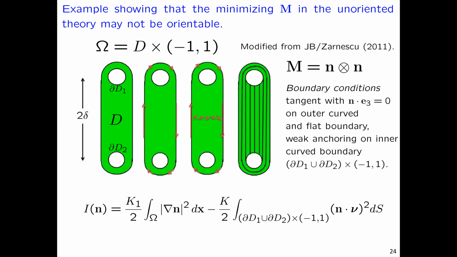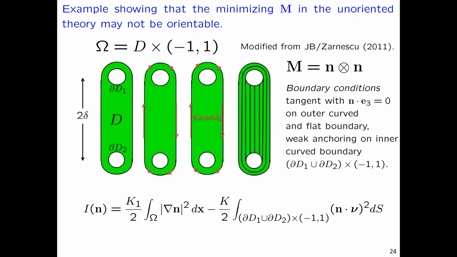So that means that if the distance 2 delta is sufficiently large, the energy of any orientable deformation is going to be huge, because across each line here you get a certain amount, and that will be multiplied by the distance between the cylinders. Now, there'll be a bit of energy associated with what happens up here and down here, but that's a finite amount of energy, which is just a certain amount, right?